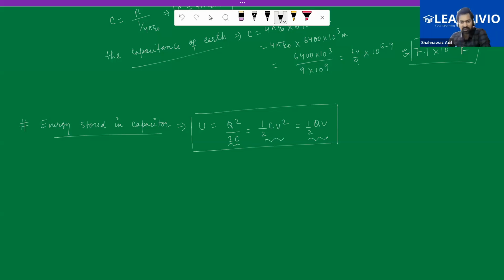So this is how we calculate the energy stored in a capacitor.